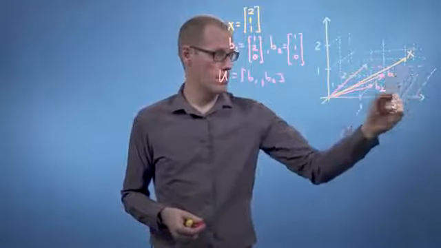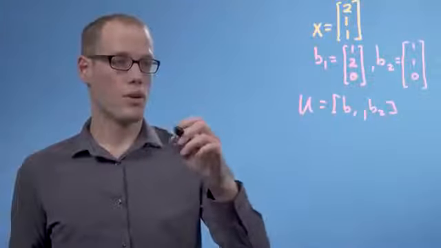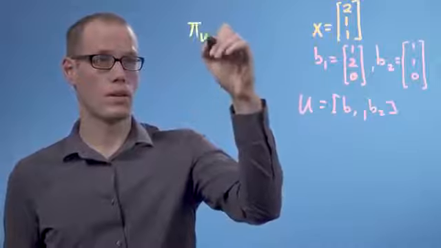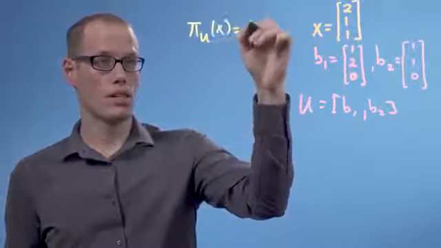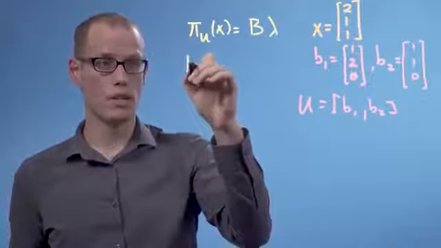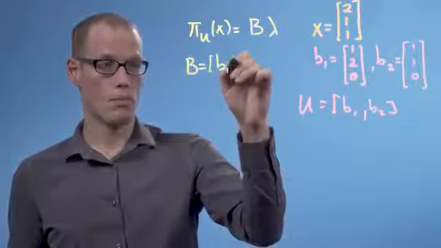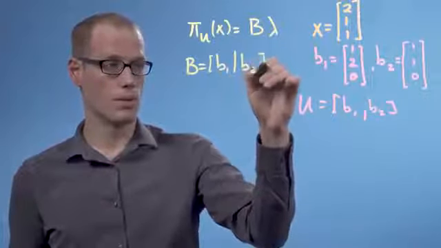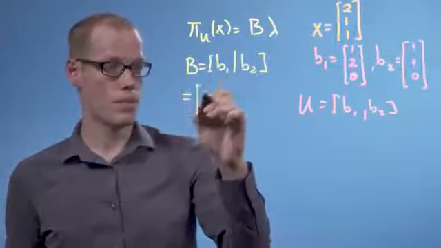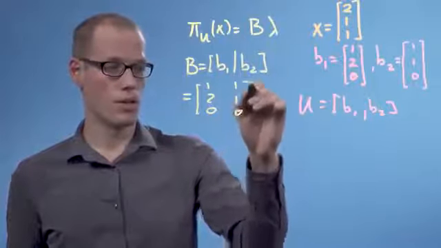So this all is U. The orthogonal projection was given as pi_U(x) is B times lambda, and we define B now to be b1 and b2 concatenated, which is (1, 2, 0), (1, 1, 0).